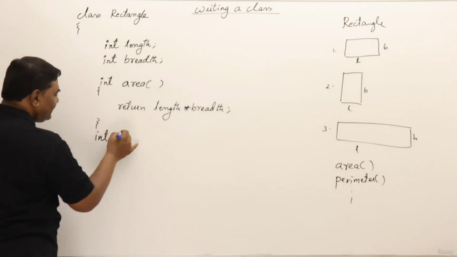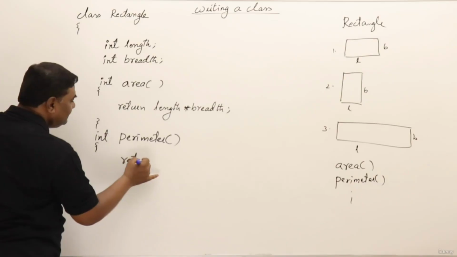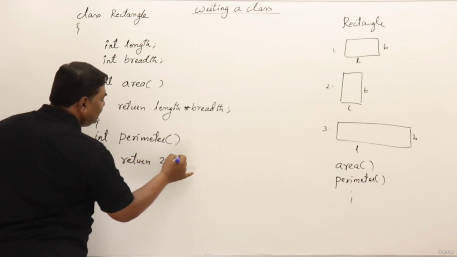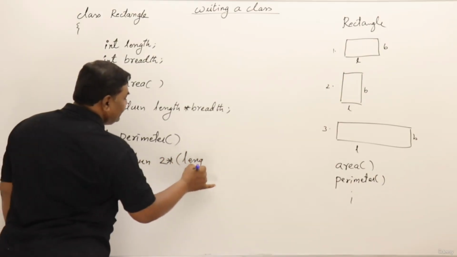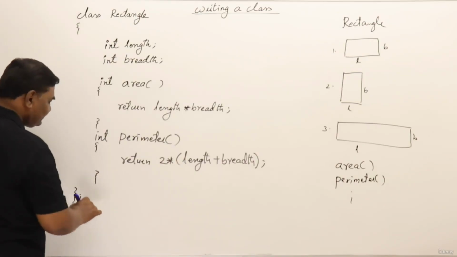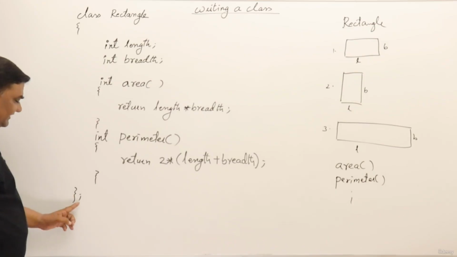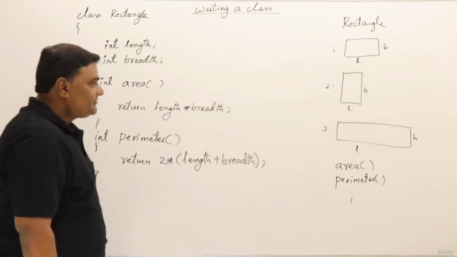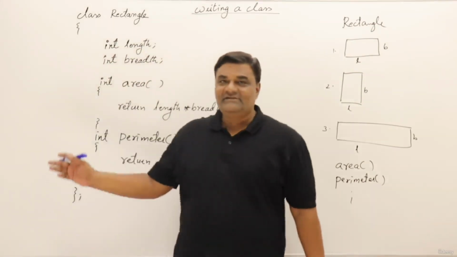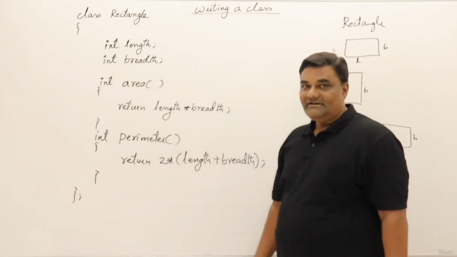Then for perimeter, I will write a function: return 2 into length plus breadth. That's it. I will close this class. This is the opening bracket of a class, this is the closing bracket, and after the closing bracket, a semicolon is mandatory. We should give a semicolon. So here is a class for rectangle having two data members and area and perimeter functions.